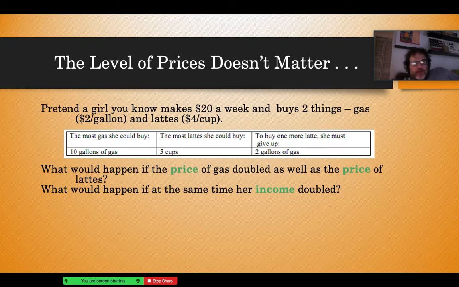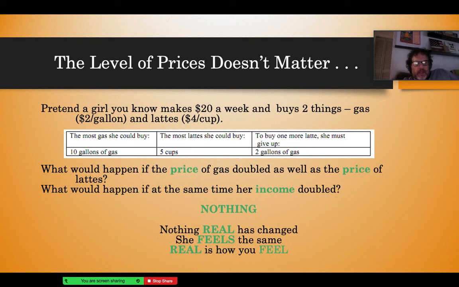So she makes $40 a week, but everything else doubled as well. Think to yourself, what do you think is going to happen? Hopefully, you said nothing. It doesn't matter if prices go up in relation to your wages or your income. Nothing real has changed. She feels the same way as she did before.